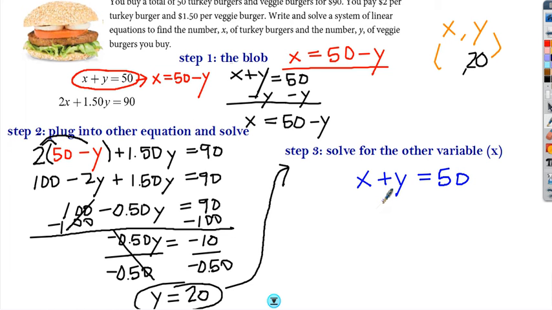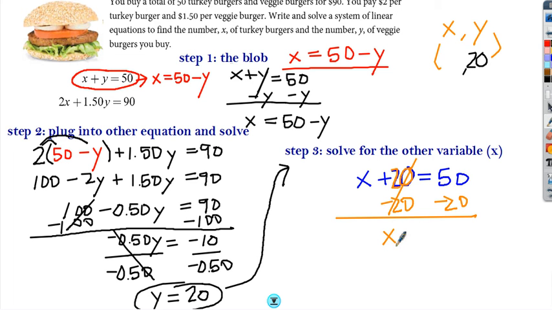Now what we know is that the y value is 20. So instead of writing a y, we're going to substitute and change that to 20. I'm going to use a different color for that because we found that the y value is 20. Then to solve for x, we need to subtract 20 from both sides.